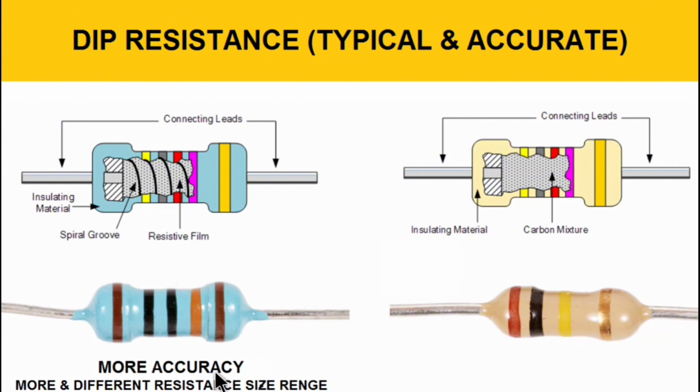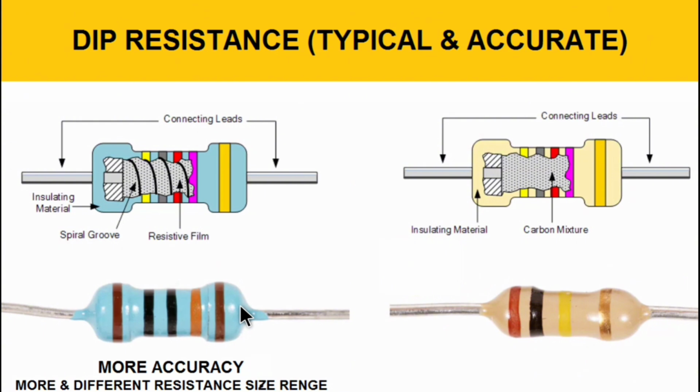This technology can give us more precise resistors, and it can also create different ranges, that is, different sizes of resistors for us. The accuracy of these is also higher, and this last bar indicates the accuracy, which is 5% and 2%. Their color is usually cream color, and these are blue in color.